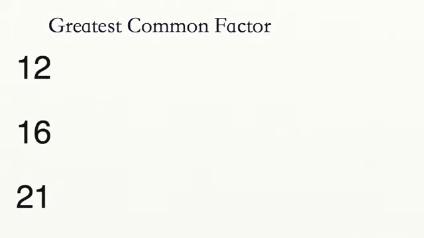Let's take a moment to go through one more example together. This time, I'm going to give you all of the factors in order from least to greatest, and I want you to tell me what factor 12, 16, and 21 all have in common that's the greatest. All right, let's start with the number 12. Our factors in order from least to greatest: 1, 2, 3, 4, 6, and 12.